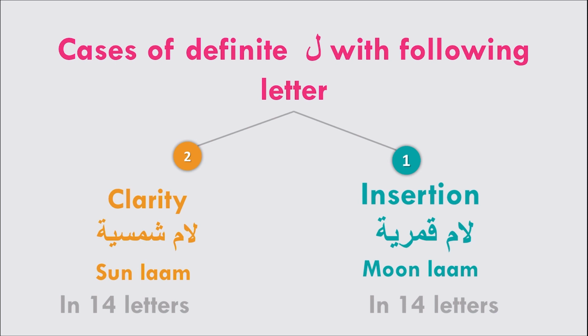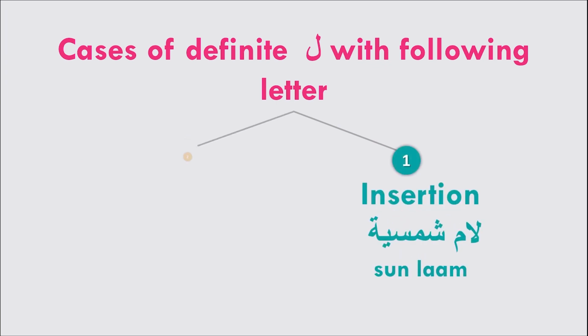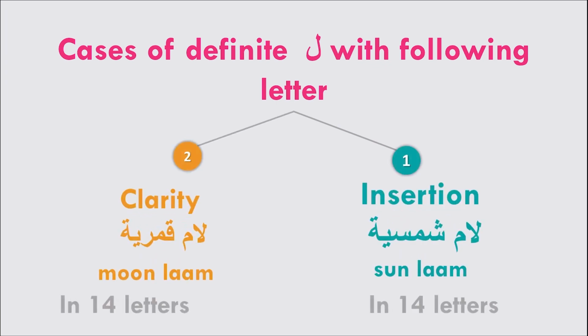In ash-shams, there is no lam pronounced, so they considered any lam which is not pronounced, and which is inserted into the next letter, as a lam shamsiya, the same as ash-shams. So they give the indication of ash-shams and al-qamar, that it is the same way that they read al-qamar and ash-shams.